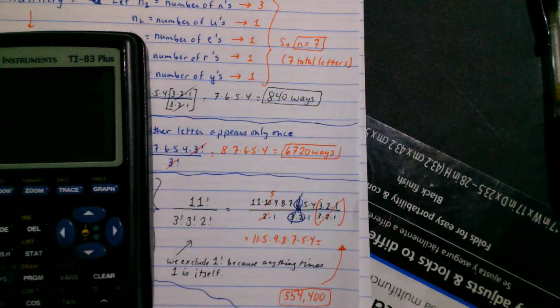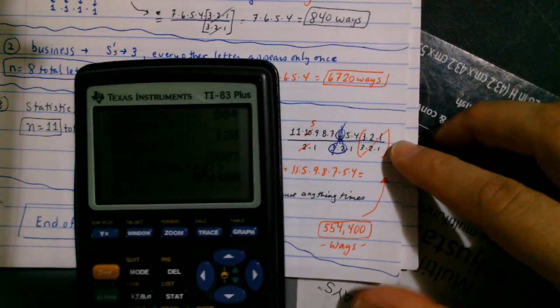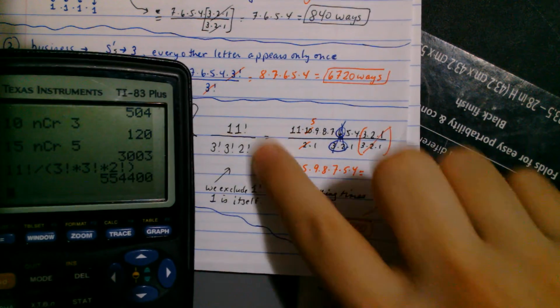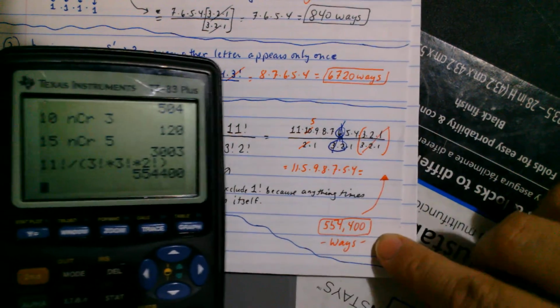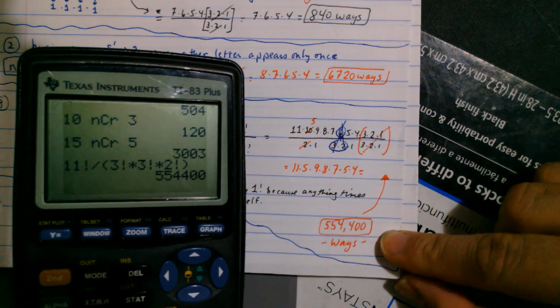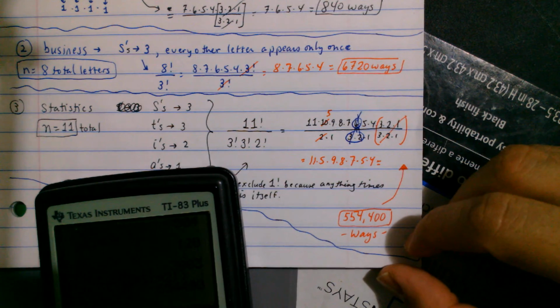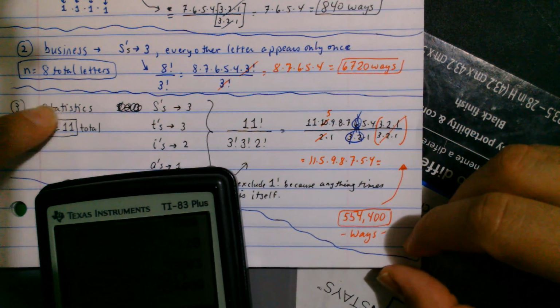What did we get? 554,400 ways. That's how many ways you can rearrange these words.